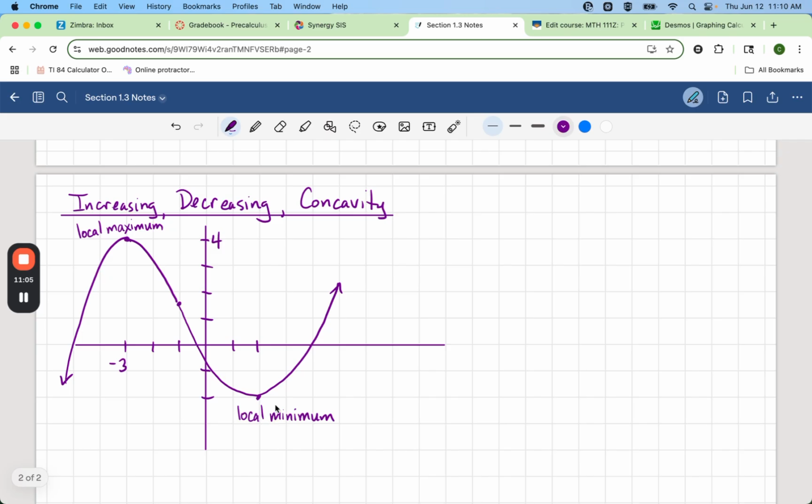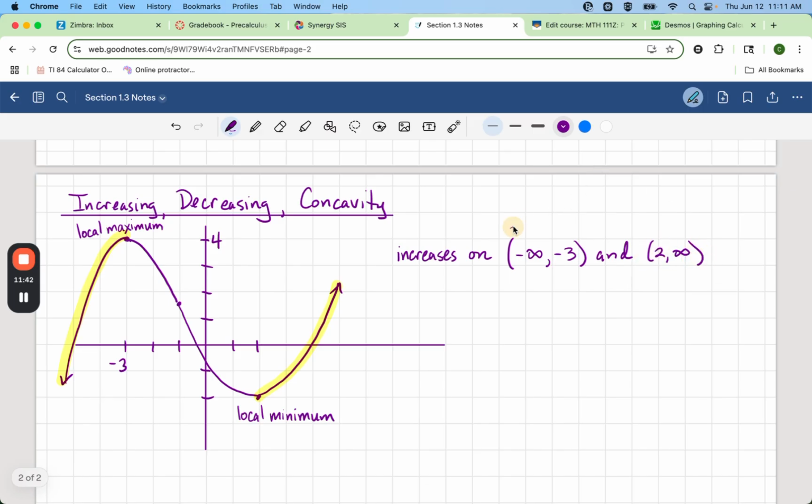Now, we have increasing, decreasing, and constant, but there's no constant portions on the graph. Constant is just going to be a horizontal, but this yellow highlighted portion of the graph here is where the graph increases. All right, so what we're going to say is this graph increases on 2 intervals. It increases on the interval from -infinity to -3 and from 2 to infinity.